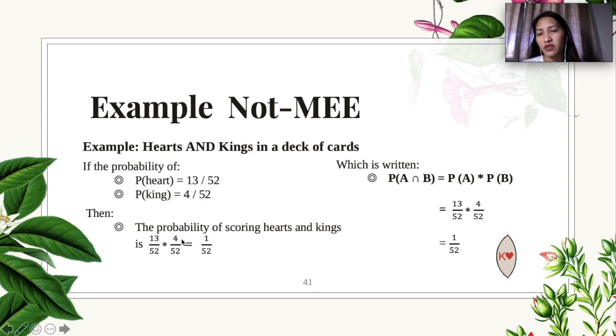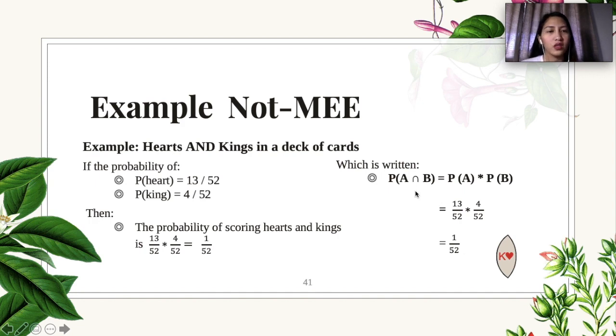Di ba yung natutunan natin sa ating elementary mathematics, kinakancel mo, 1 over 4, itong 52 magiging 4, ito naman ay 13 divided by 13 is 1. So, you have here 1 over 52. Ayan yung probability of scoring hearts and kings.